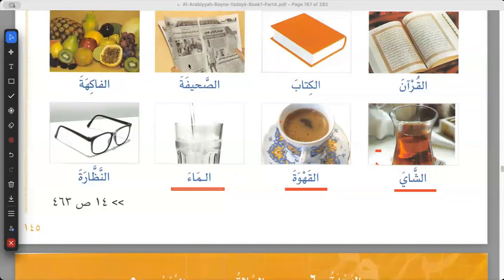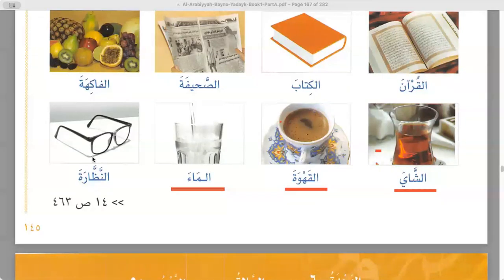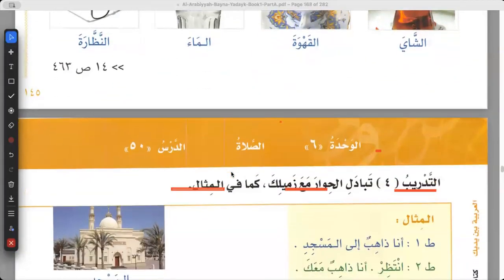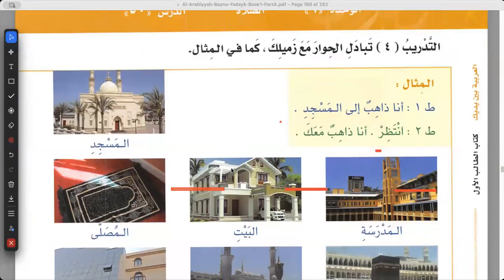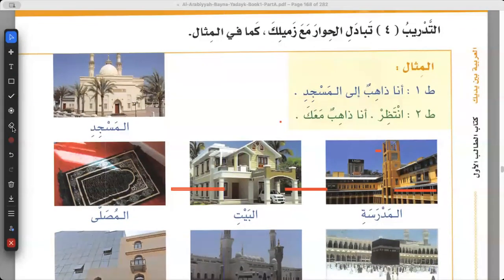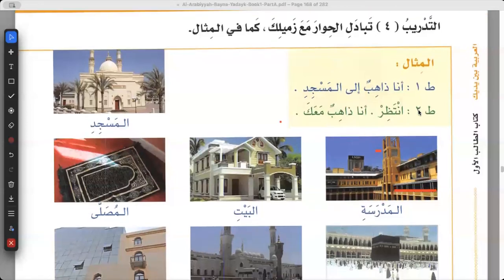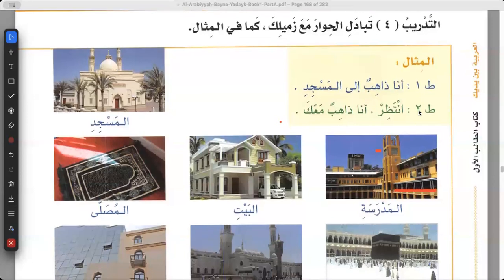Now let's move to the next one. التدريب الرابع. تبادل الحوار مع زميلك كما في المثال. You have al-masjid. أنا ذاهب إلى المسجد. انتظر. أنا ذاهب معك. So you are going to substitute the items you have here for al-masjid.